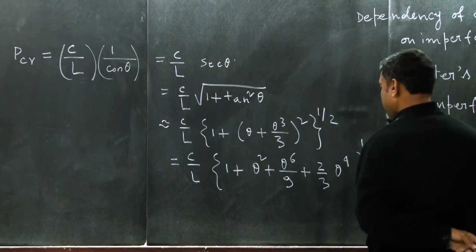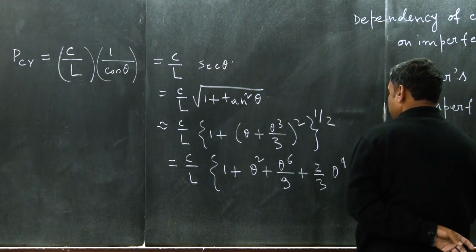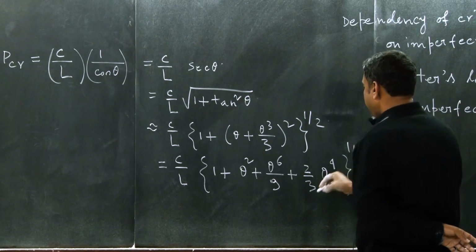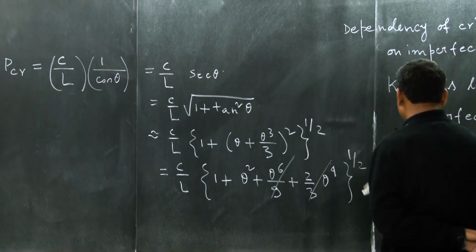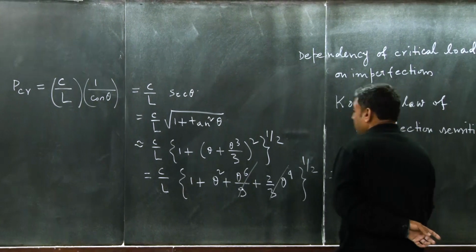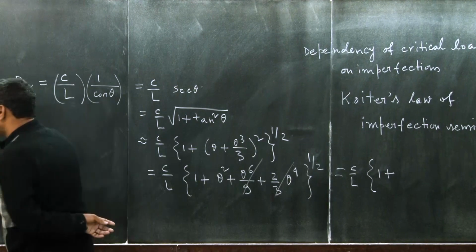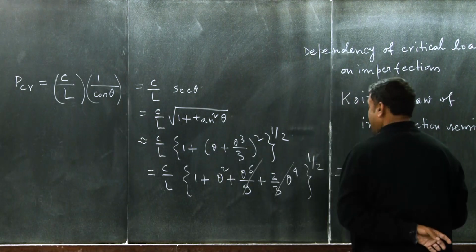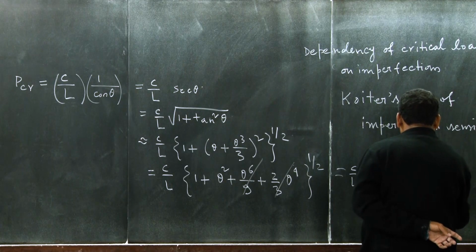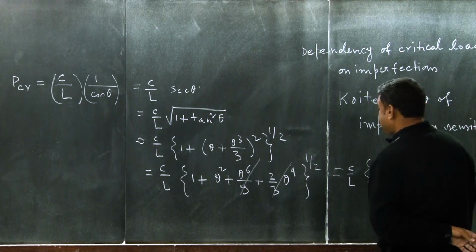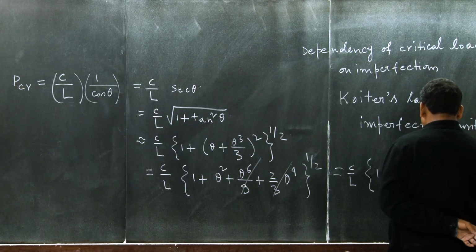Here, neglect the higher terms, just take one. What is theta square? Theta cube is minus 3 alpha, so theta square is minus 3 alpha to the power 1 by 3, so 2 by 3.